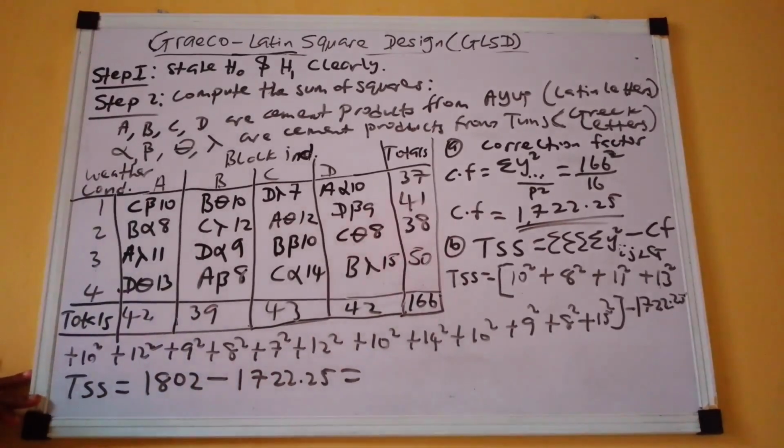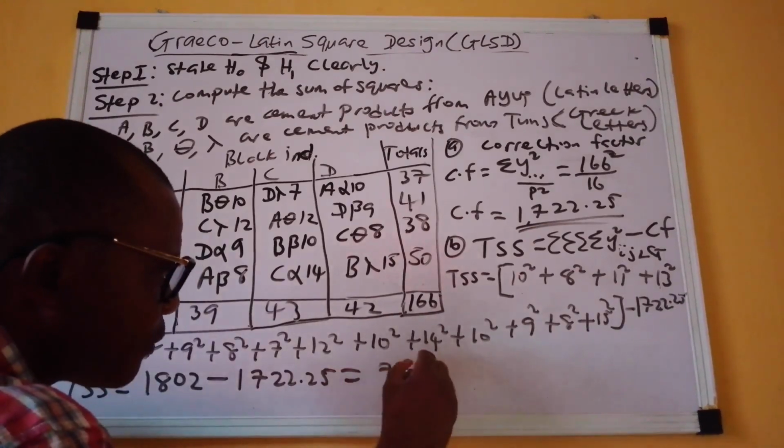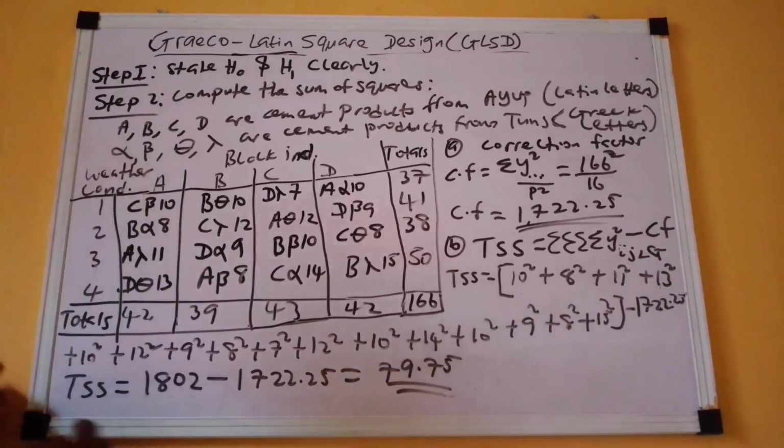Then when you carry out that simple arithmetic, our TSS, the total sum of square, will be 79.75. That is our total sum of squares. So I believe that has been taken. So then the C, we have done.